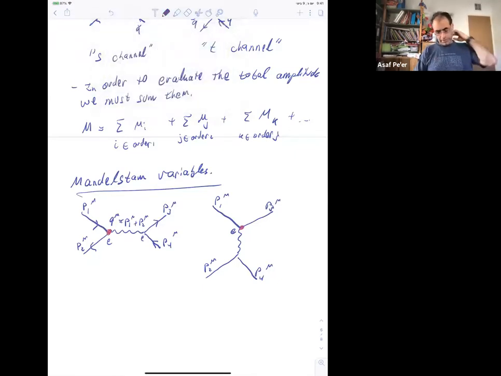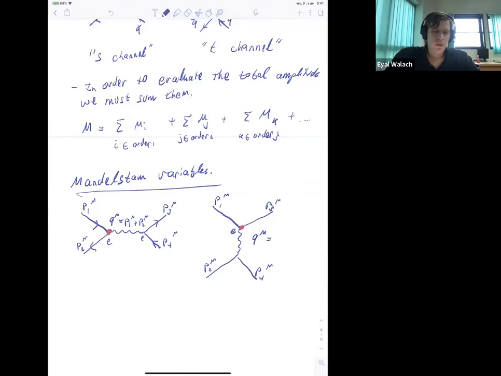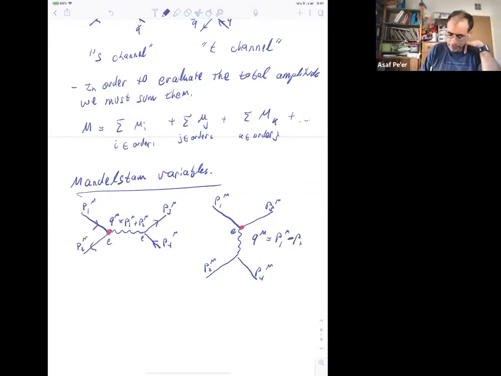So I call the four momenta of the internal particle Q mu. But now, what is Q mu? If I look at conservation of momenta at the vertex, P1 minus P3. Exactly, this is P1 mu minus P3 mu, because I have conservation at each vertex.